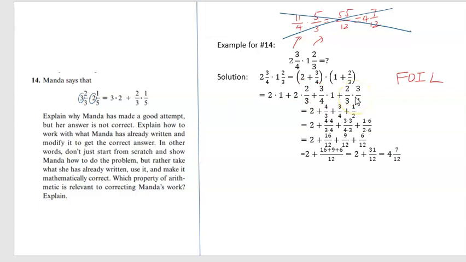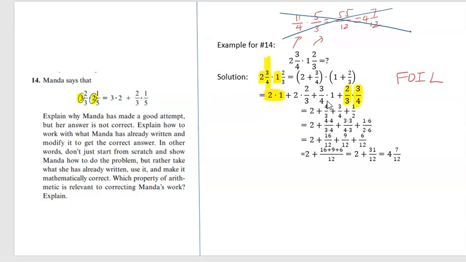Now compare the correct answer to what she has. We not only have 2 times 1, the whole number times whole number, but also the fraction times the fraction.